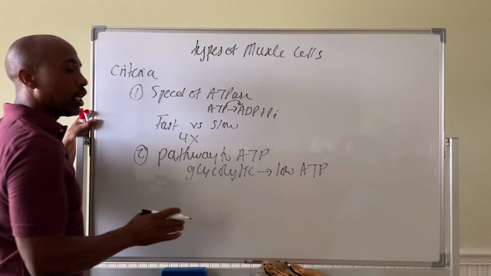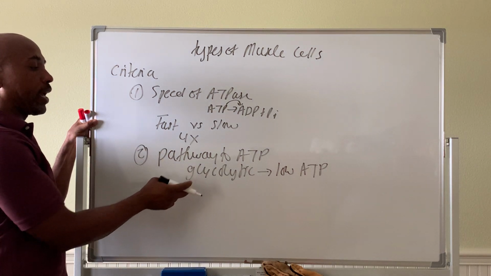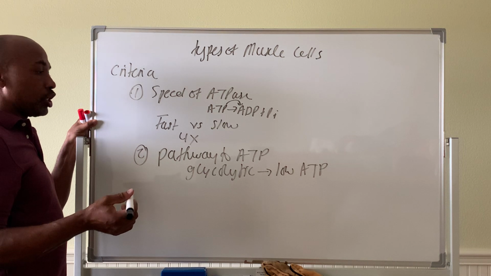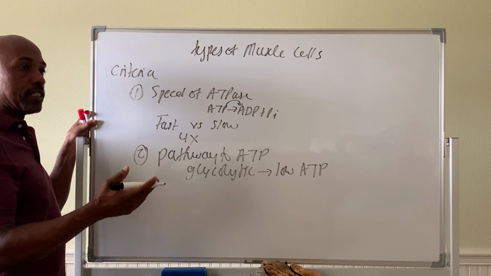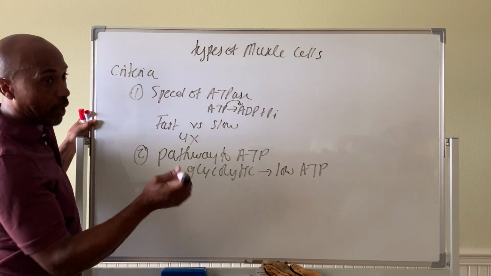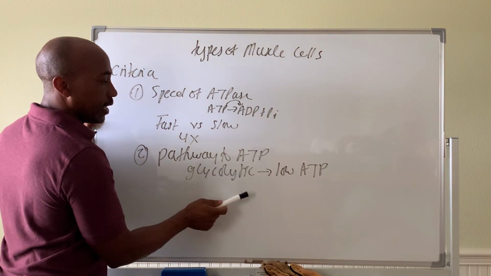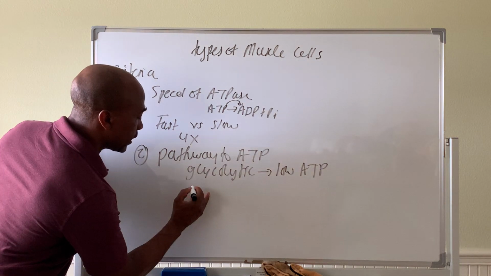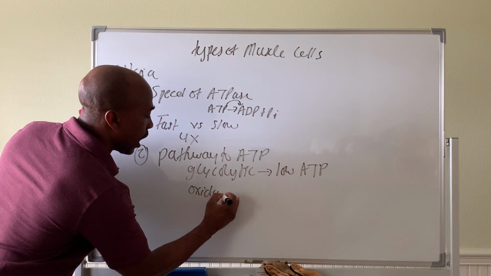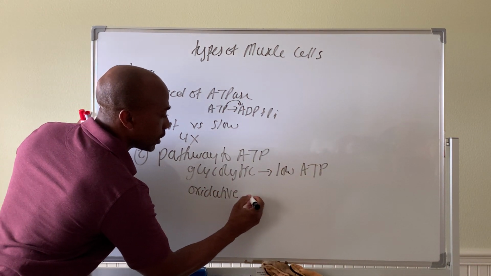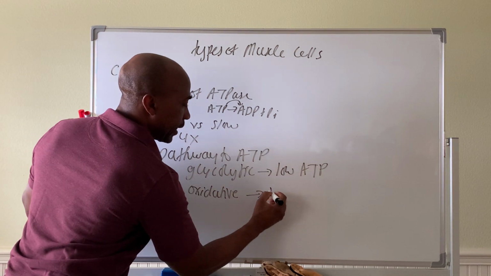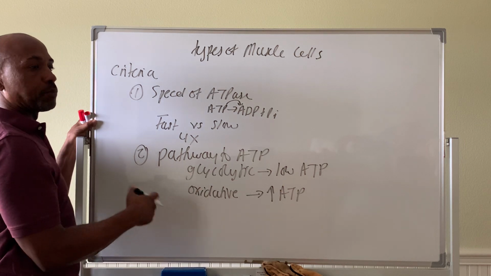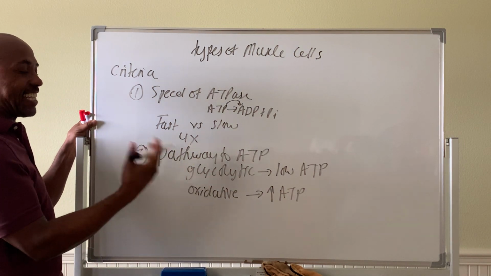But still, muscle cells use this pathway when they're desperate, or sometimes they prefer it because they may not have the enzymes to do it the other way. So this way is a quick way, but it's low yield of ATP, which means that they fatigue faster, versus the oxidative way, where a lot more ATP is produced, but it's slower because it takes more steps to get the ATP generated.